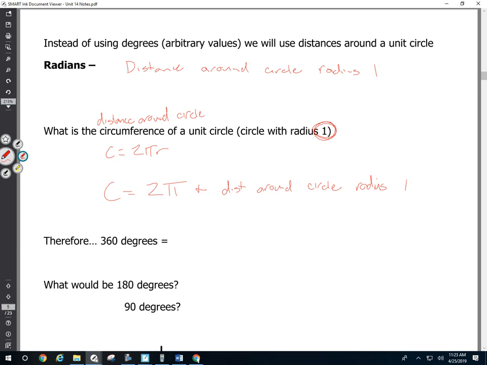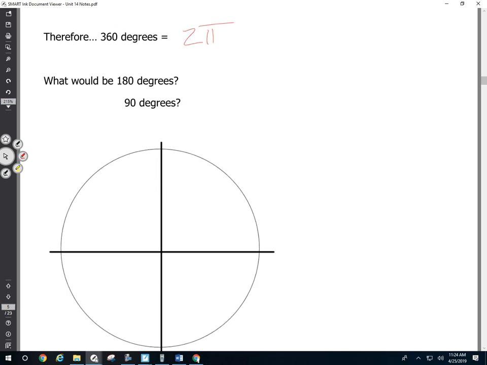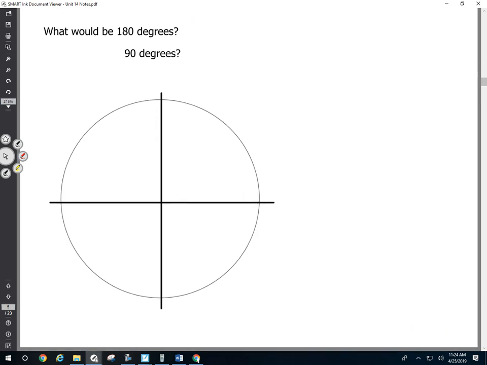So no longer are we going to say 360 degrees. 360 degrees will be equivalent to 2 pi radians. Going around an entire circle means I'm taking a distance starting from here, and I'm going to find this entire circle's distance with a radius of 1, and the entire circle's distance is 2 pi.